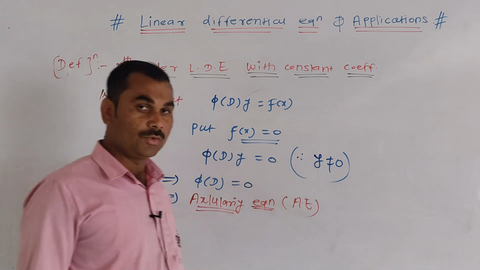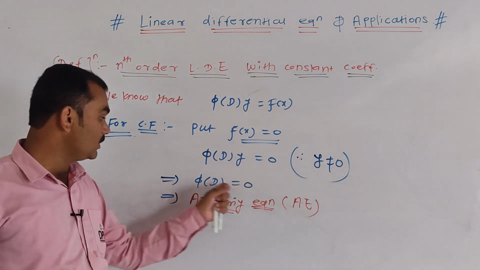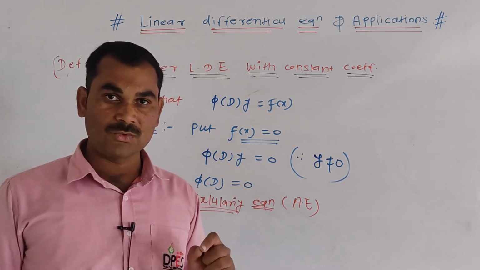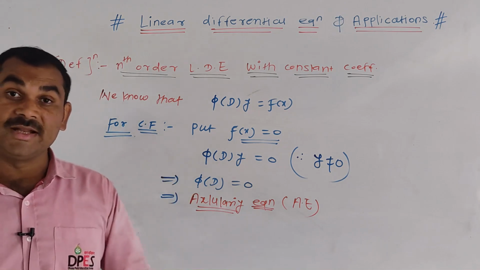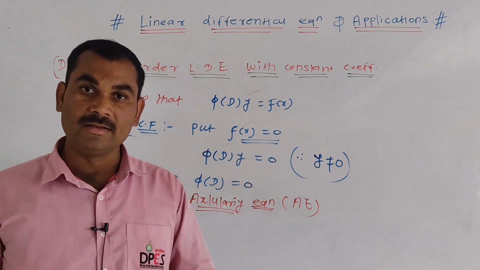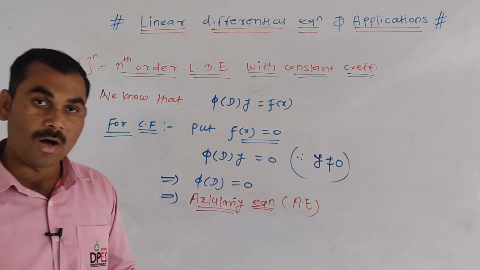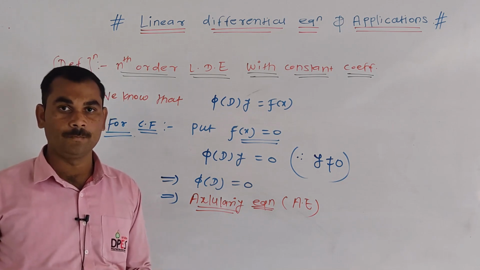But y is not equal to 0, which implies phi of D is equal to 0, called the auxiliary equation. Since phi of D is an nth degree equation in D, this equation has at most n roots. Find all the roots, then we write CF directly.